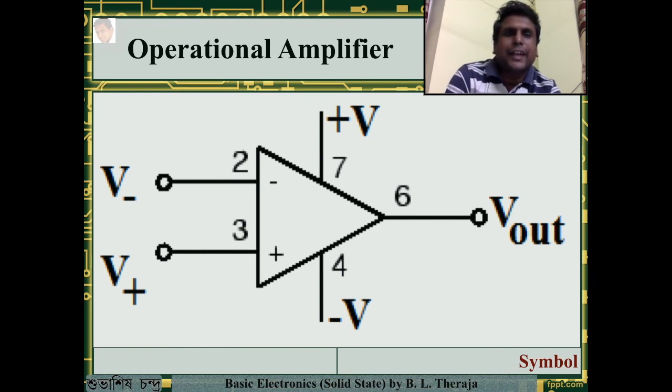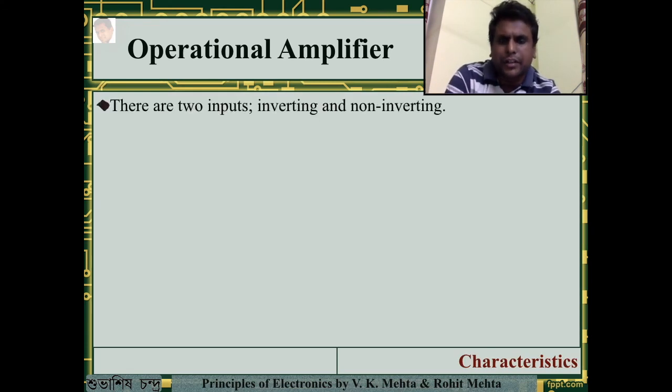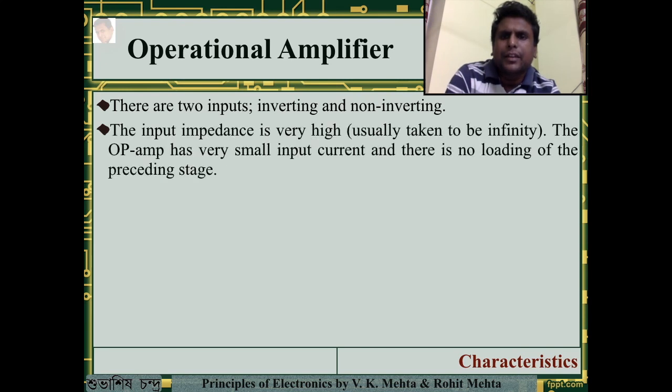Now let us see the characteristics of the operational amplifier which have made it so popular. There are two inputs as we have seen, the inverting and the non-inverting terminals. The input impedance is very high. The op-amp has very small input current and there is no loading of the preceding stage. This will be a very important factor when we study the concept of virtual ground.